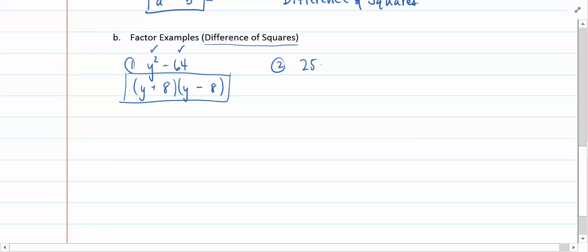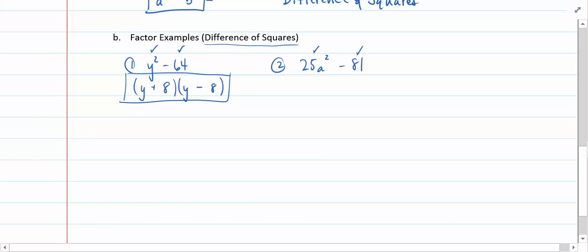Here's another example. Let's start with 25a squared minus 81. First things first, we have to investigate this. It looks like a difference of two squares. We should verify that each has a square root. This one's easy to see. The square root of 81 is 9. This first piece might not be as obvious to you, but you should be able to quickly determine that this is a square number.